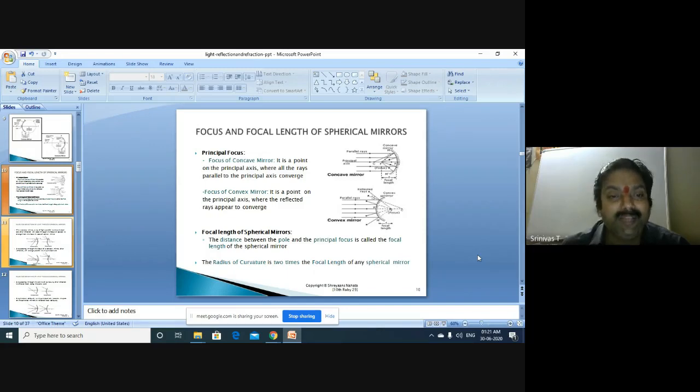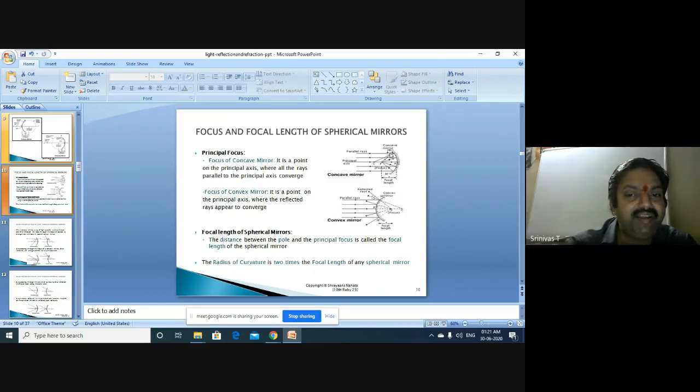Now coming to what the principal focus is. The focus of a concave mirror is a point on the principal axis where all the rays parallel to the principal axis converge. You can see the image here. It is a concave mirror, and light rays are assumed to be coming in this direction.